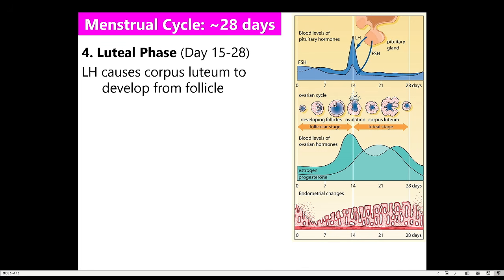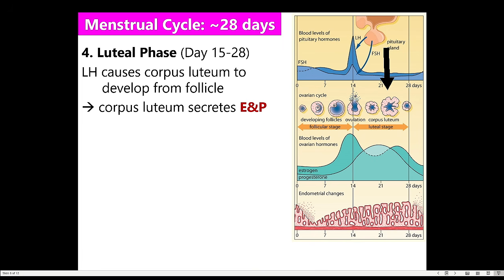So what happens in luteal phase? The luteinizing hormone causes corpus luteum to develop from a follicle. So anong mangyayari kay follicle na iniwanan na ni egg cell? Si egg cell lalabas or magbo-burst from the follicle. Si follicle, ang mangyayari sa kanya, it will transform into what we call a corpus luteum.